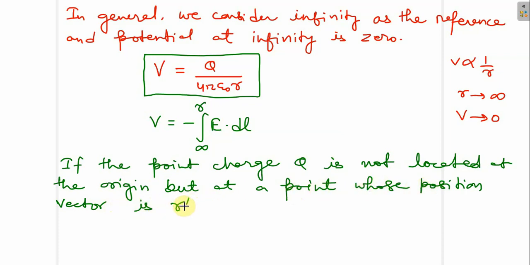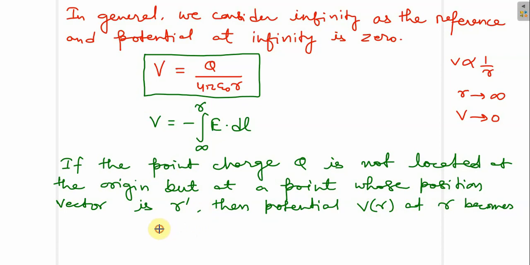Then what will be the potential V at r? V is equal to q upon 4 pi epsilon 0 r when the point charge is located at the origin.